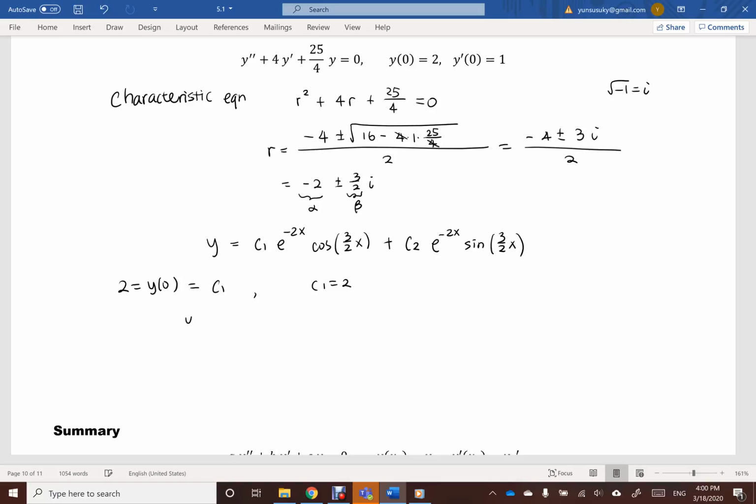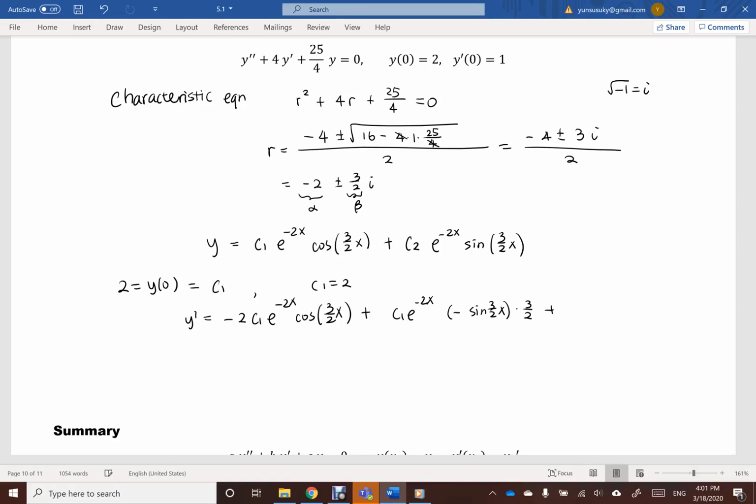And then y prime, what's y prime? It needs more work, right? Product rule, derivative of the first guy: minus 2 c1 e to the minus 2x cosine 3 over 2 x, plus first guy, derivative of the second guy. Derivative of cosine is minus sine, times 3 over 2.